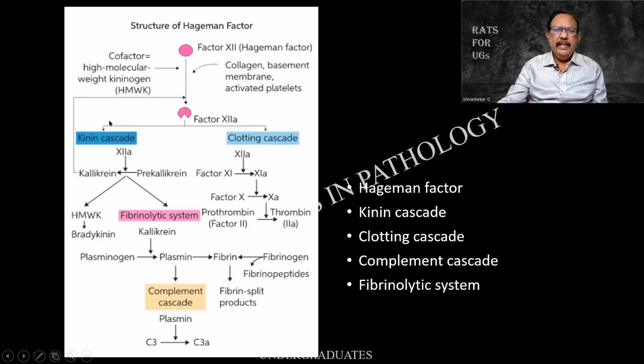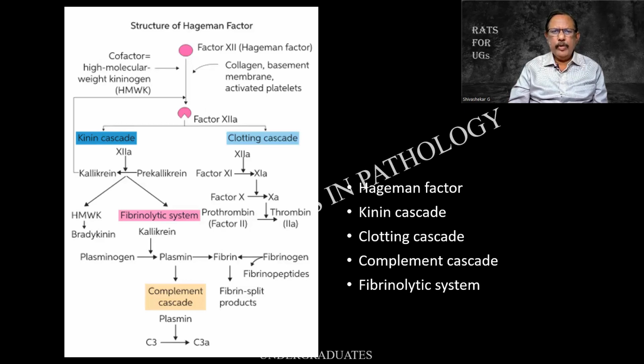Second, there is a kinin cascade. Third, there can be a fibrinolytic mechanism. Finally, there can be a complement system. So these four are very intricately interrelated, and they are all associated with inflammation.